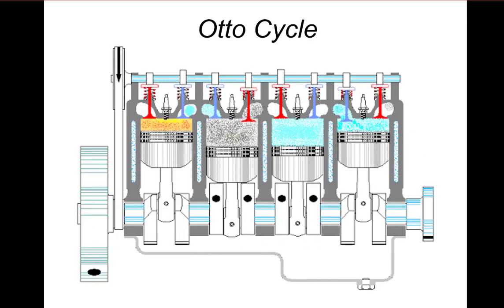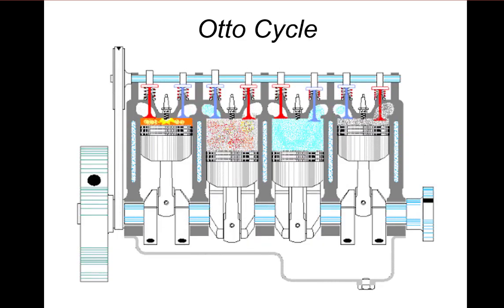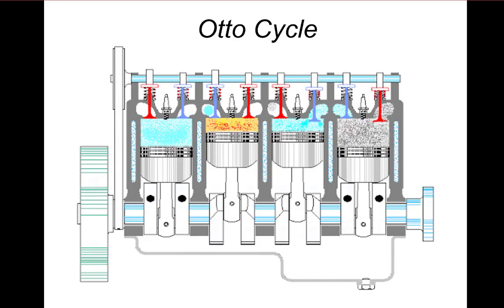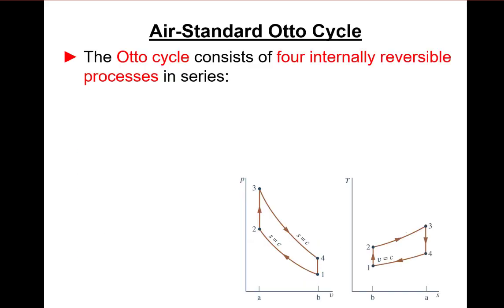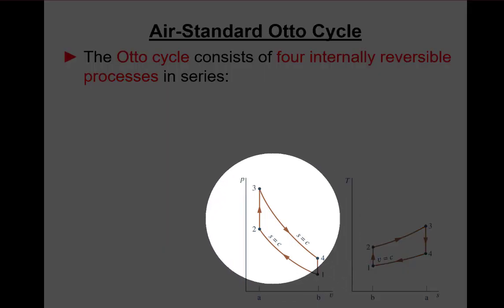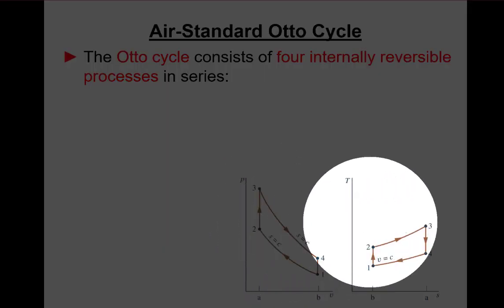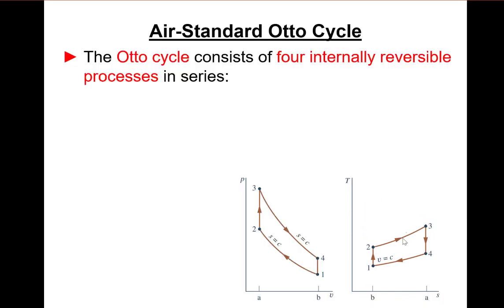So that's kind of generally what we do with internal combustion engines, but now we're specifically going to talk about Otto cycles, right? So Otto cycles consist of 4 ideal or internally reversible processes. We can sketch these things out on PV diagrams or on TS diagrams, right?